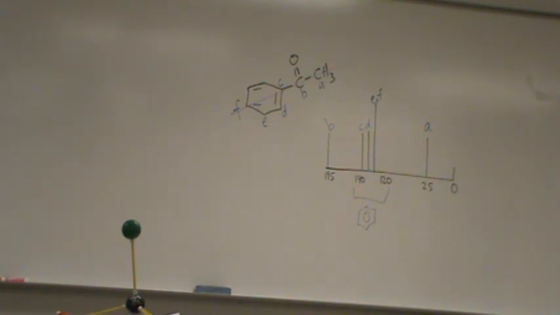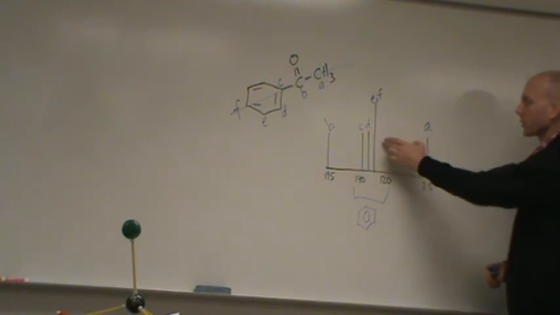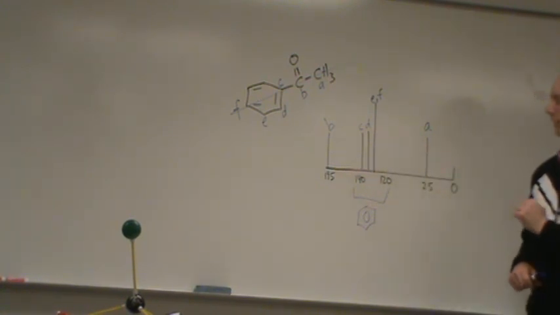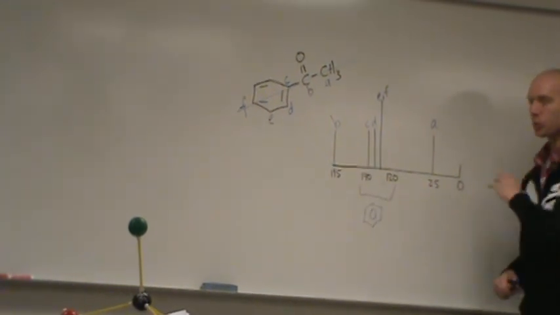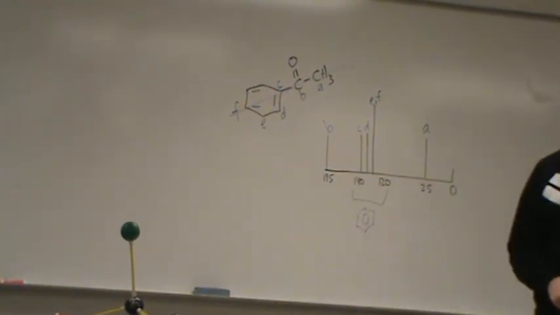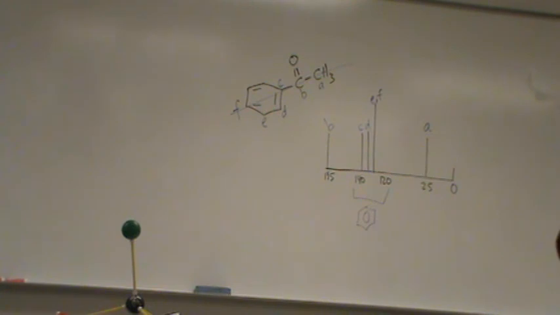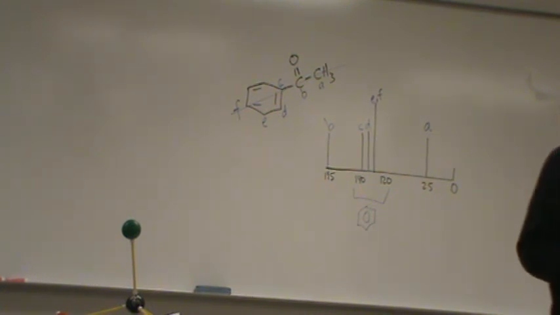Okay? So you can see the only difference is the way the signals look, all singlets, and we got different chemical shift values that we have to get used to, a lot higher. But the principle's still the same. Shielding, de-shielding, okay, upfield, downfield. Okay. Yeah.